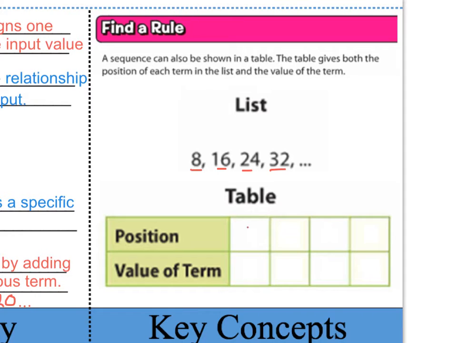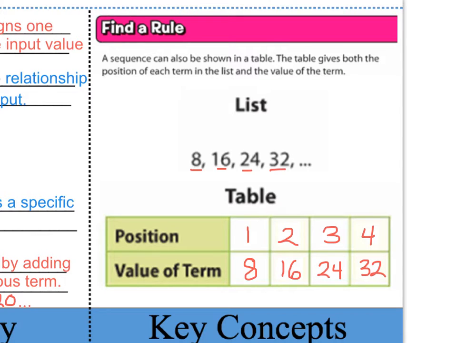The first day, I would have $8 in my bank account. So in the first position, I have $8. The second day, I have $16. The third position, or the third day, I have $24. And the fourth position, or the fourth day, I would have $32. So all I did was organize my arithmetic sequence of numbers and put them in a table.